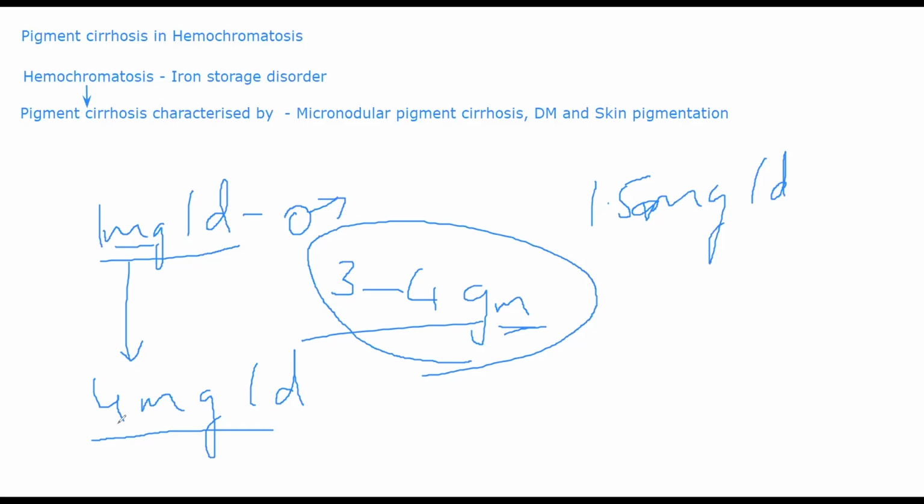In all of these cases, either it is an autosomal recessive disorder, or it is an acquired disorder where all of these are not working or are ineffective. Iron will start getting accumulated in your body, and ultimately the pathological changes that you will see are that, first of all, your liver will get affected. Okay, the most frequently affected organs will be your liver as well as your pancreas.